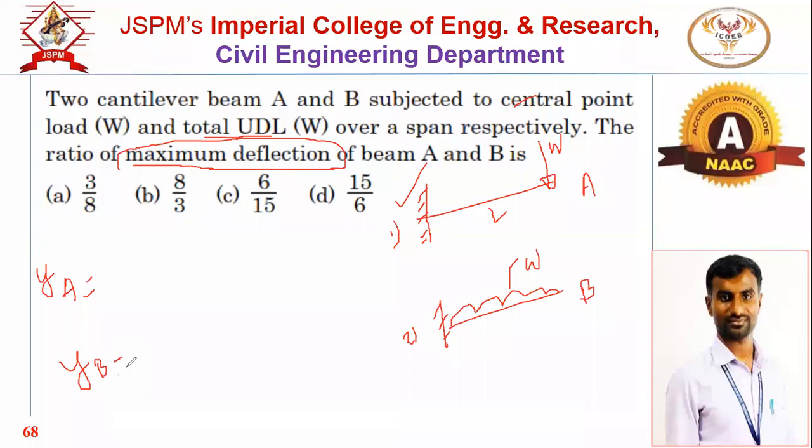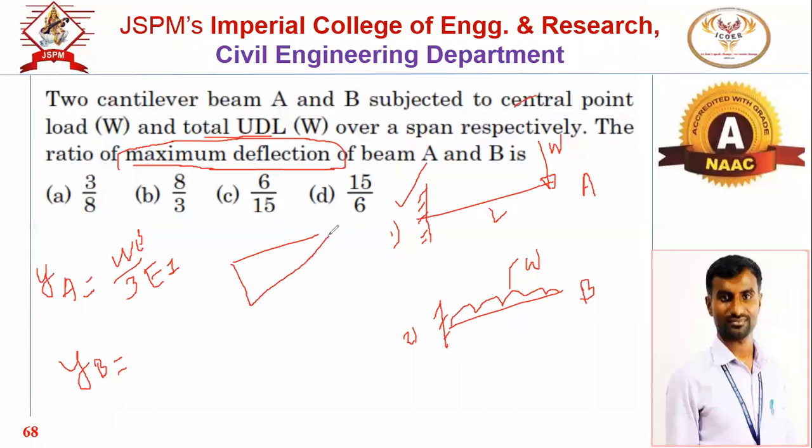Now these are the standard cases. Cantilever beam subjected to point load at free end, the deflection is given by WL cube by 3EI. Standard formula that we have to remember. If you don't know the formula, how to find out this deflection? Draw the BMD using moment area method.